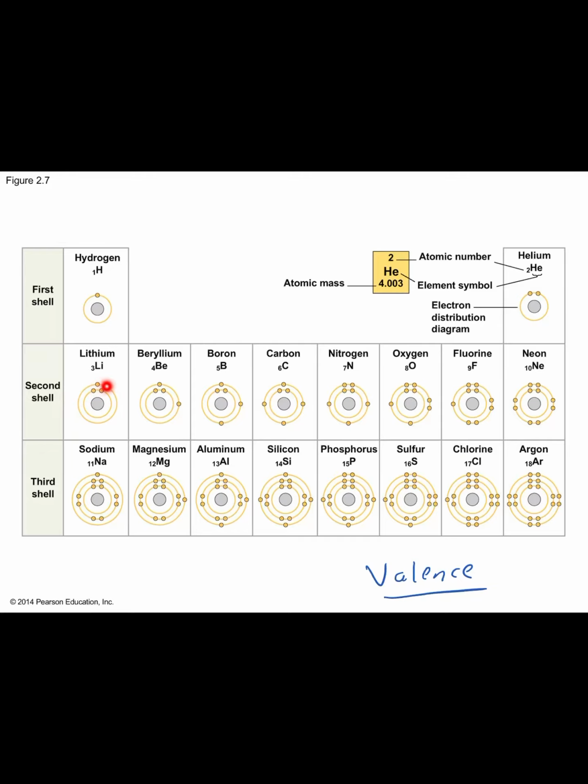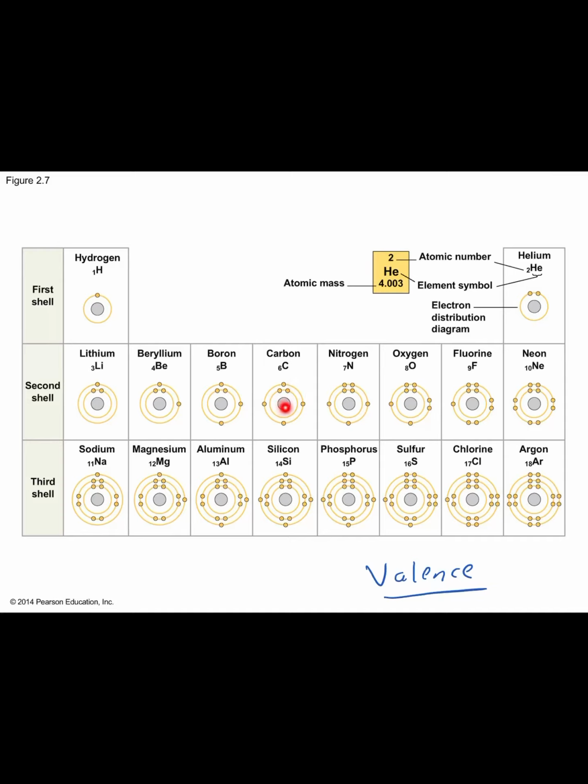Lithium is highly reactive. But you go to the right, beryllium, you add 1 more electron. It's now 25% complete, the valence shell is. It's a little less reactive than lithium. Go one to the right, boron, you add one more electron, now we're up to 3 in the outer shell, 5 total, less reactive. Carbon has 6 electrons, 2 in the first, 4 in the second.